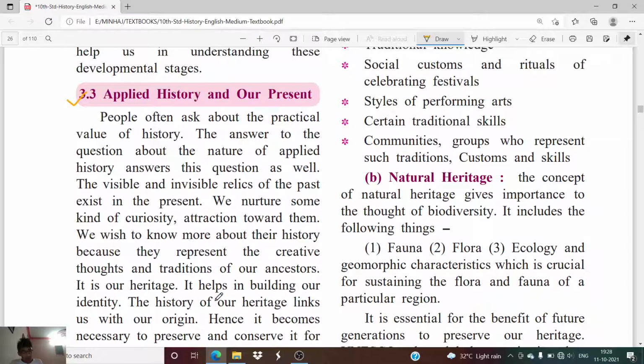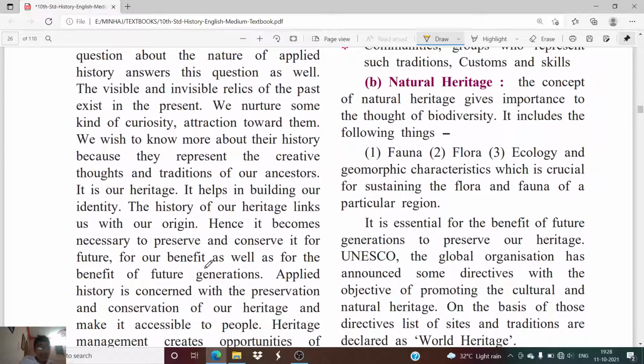So the study of all these monuments and relics is done under the branch called applied history. Also, applied history is the answer to our own curiosity.